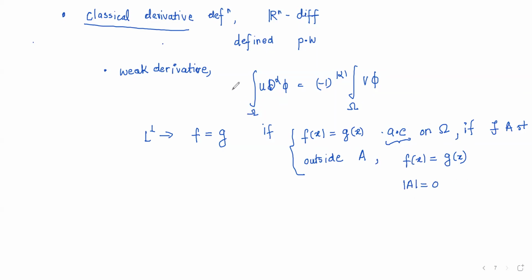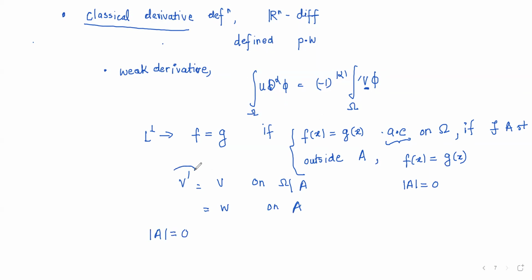So this means that you can change v on a measure 0 set. Suppose you define v prime to be v on omega minus A, and you give some other value w on A, where the measure of A is equal to 0.